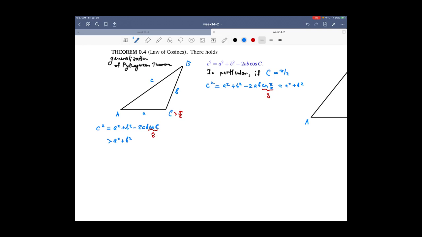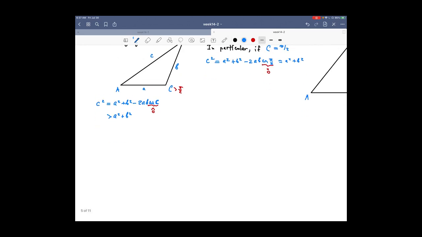Naturally, when C is less than pi over 2, we will have c squared equals a squared plus b squared minus 2ab cosine C. This time cosine C will be positive.